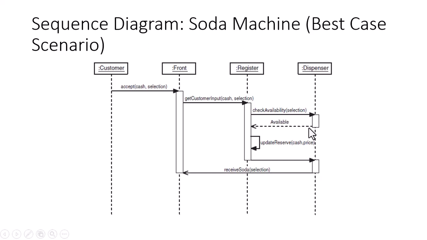The back reply is from the dispenser back to the register: yes, it is available. Then the register object gives a message to itself. This is a self message. Update reserve means if somebody has given more cash, obviously the cash will be updated. And then this is the receive message. So receive is receiving a cold drink through the front object to the customer.